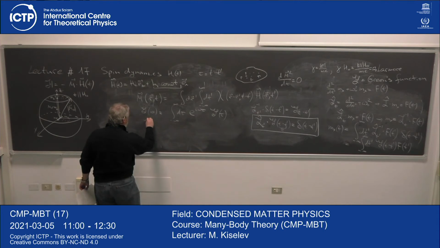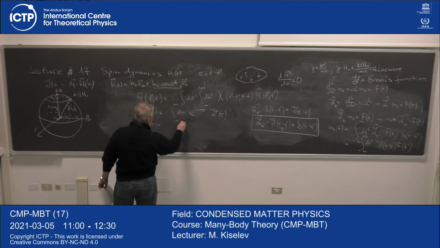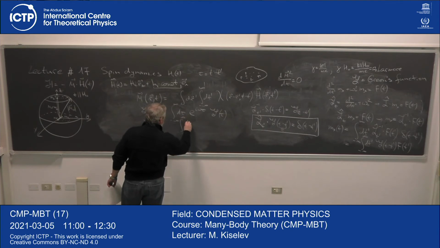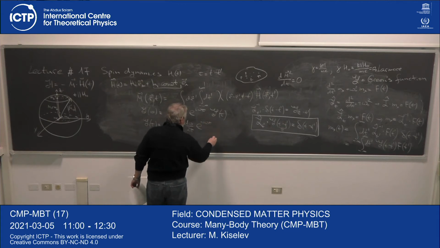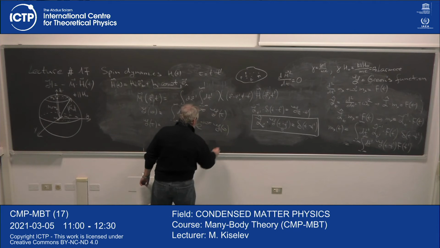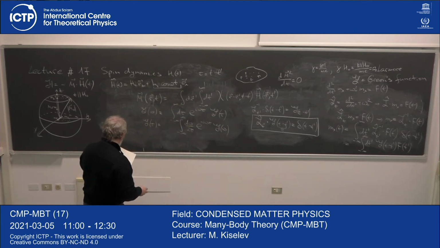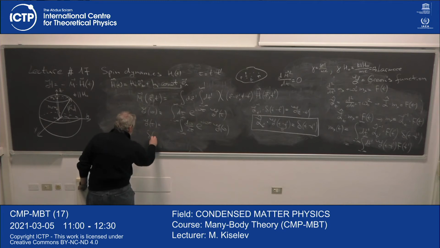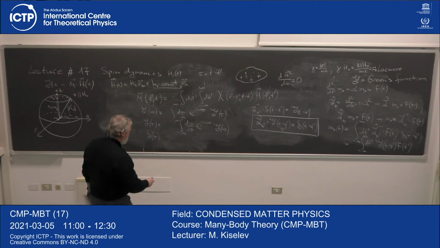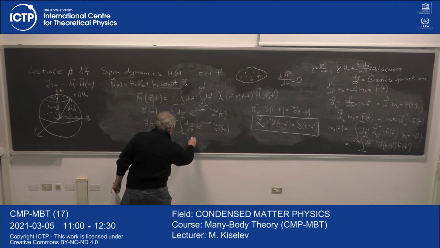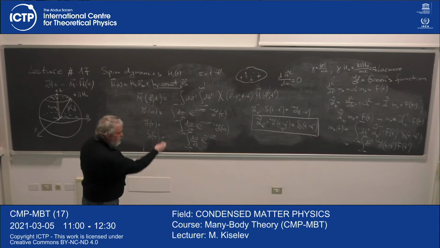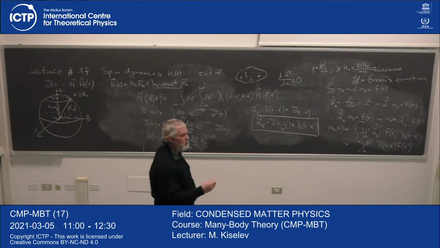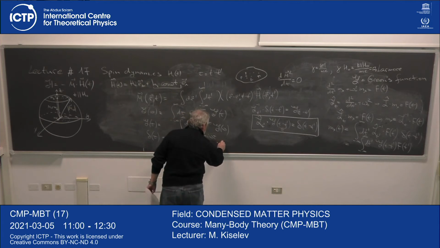The inverse Fourier transform G(tau) is defined as the integral from minus infinity to infinity d omega over 2 pi e to the power minus i omega tau G(omega). And let me also define the Fourier transform of the delta function. The delta function we know is just the integral d omega over 2 pi from minus infinity to infinity of e to the power minus i omega tau. This is one of the representations of the delta function. If you take the Fourier transform of the delta function, you get 1.